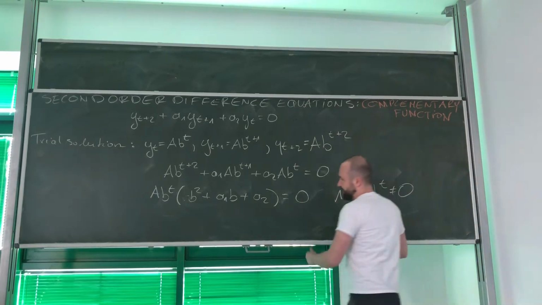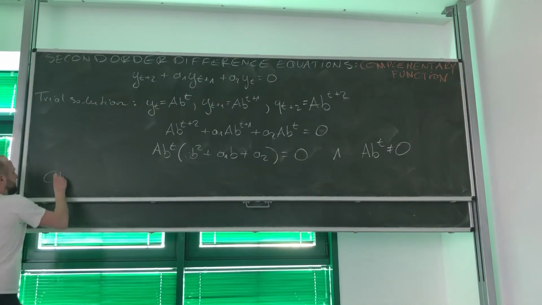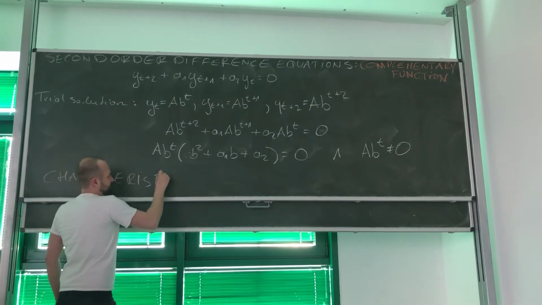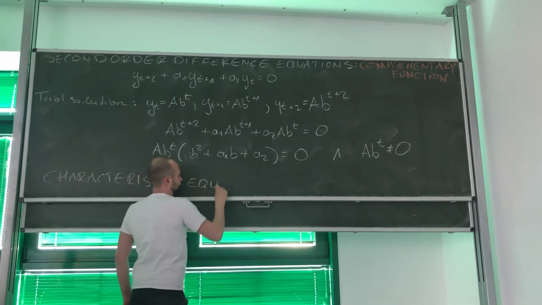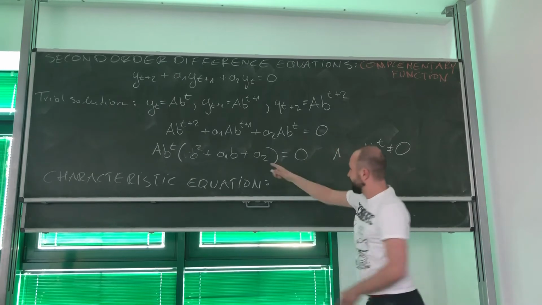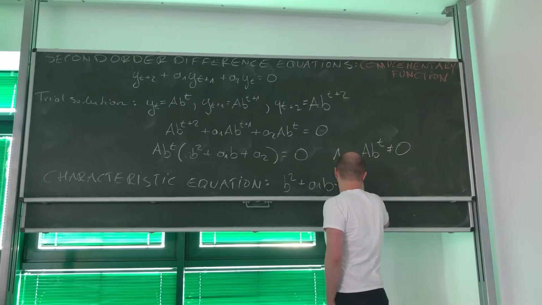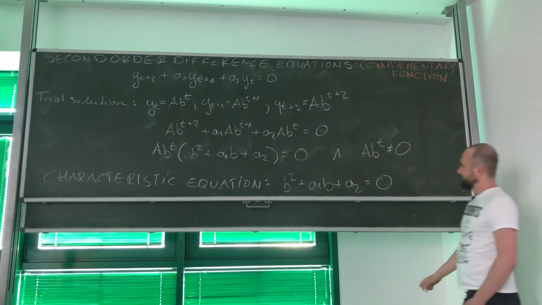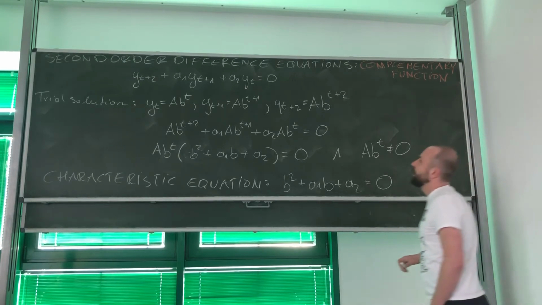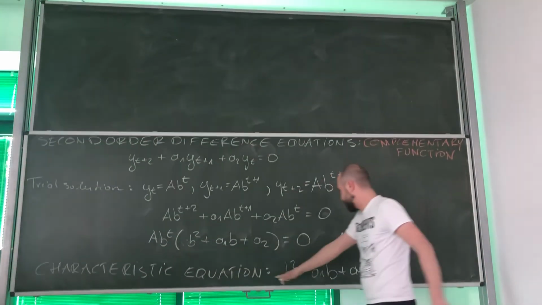So, the only thing that we've got left is the characteristic equation. Now, this characteristic equation, of course, b squared plus a1 b plus a2, can be solved, right? What do we get when we solve a characteristic equation?